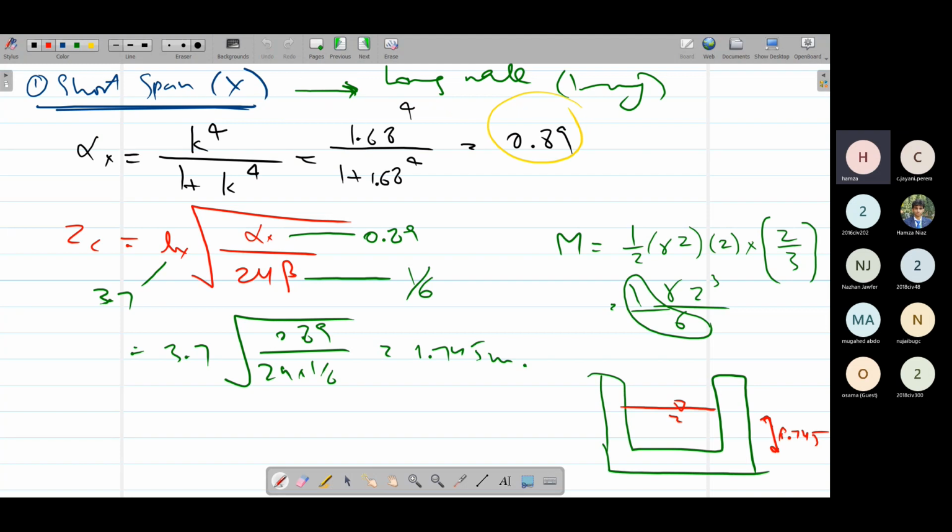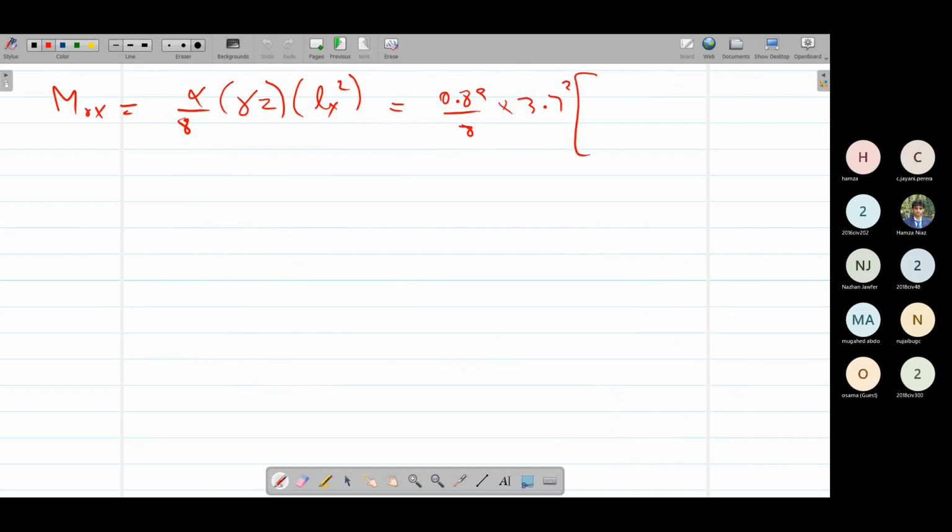Now if you check this portion, here it is gamma w, and below it is gamma concrete as well, the self weight of concrete. It is 0.2 meter thickness. So we are going to use them separately: 1.745 into gamma of water 10, plus 0.2 into gamma of concrete 25.